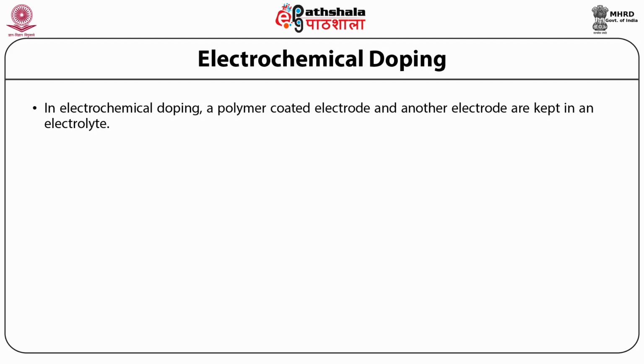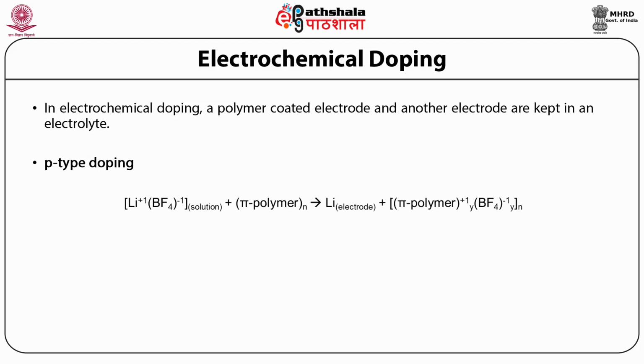In the case of P-type doping, there is Li+ BF4- in solution plus pi polymer, which gives lithium electrode plus (pi polymer)+y (BF4-)y n.